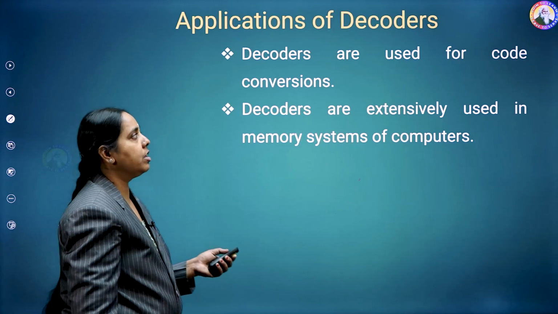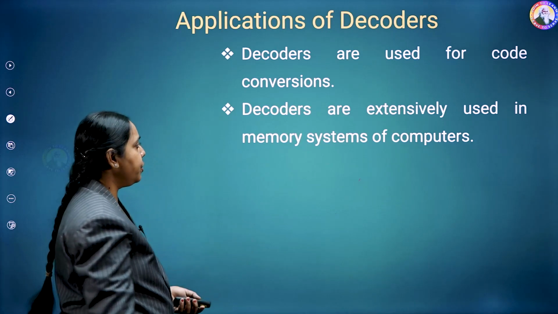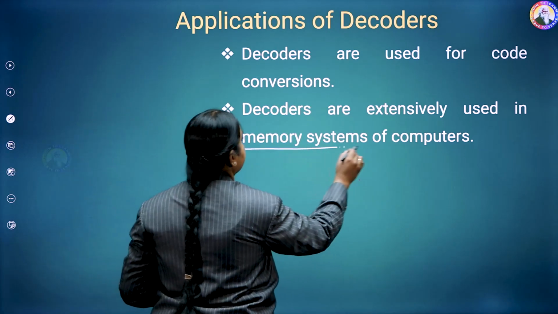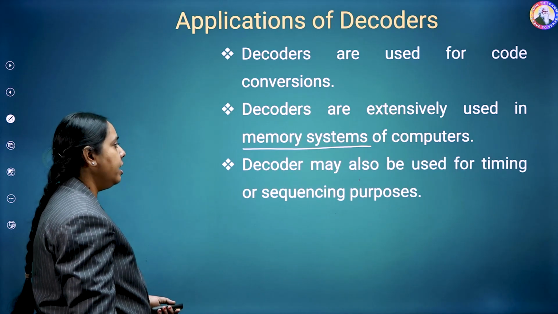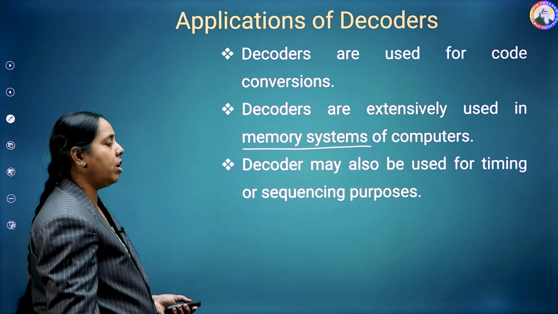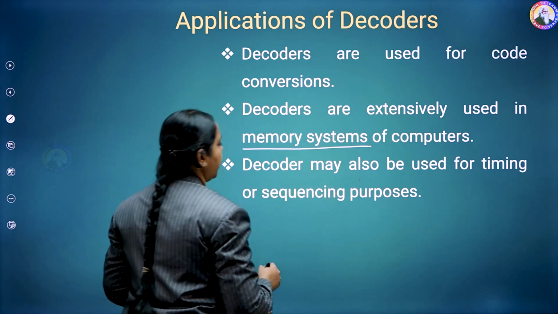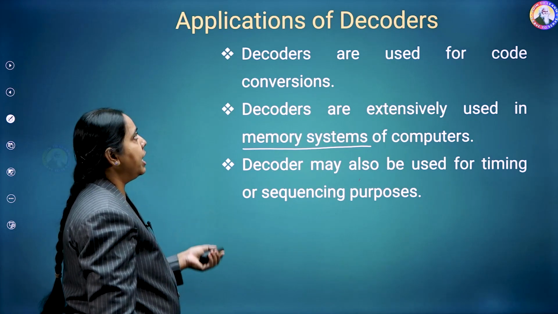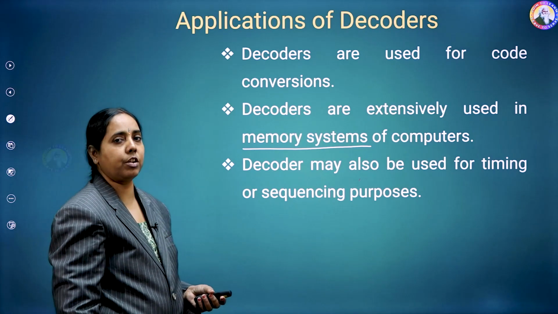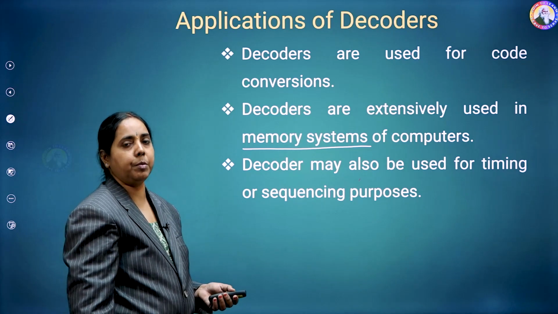That is why decoders are mainly used for code conversion, and also in memory systems of computers. They are also used for timing or sequencing purposes. So, the main applications of decoders are code conversions, memory devices, and timing purposes.